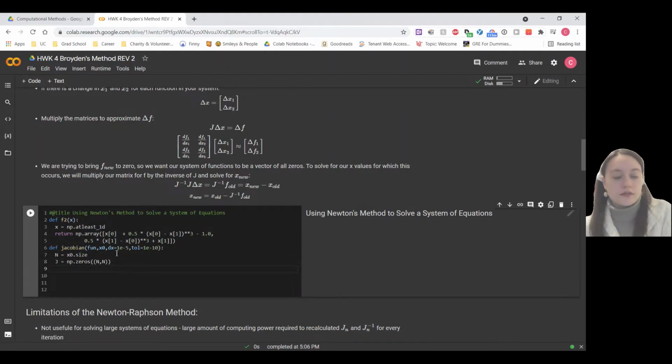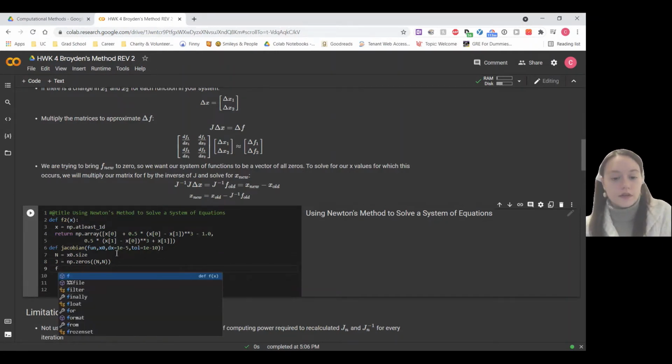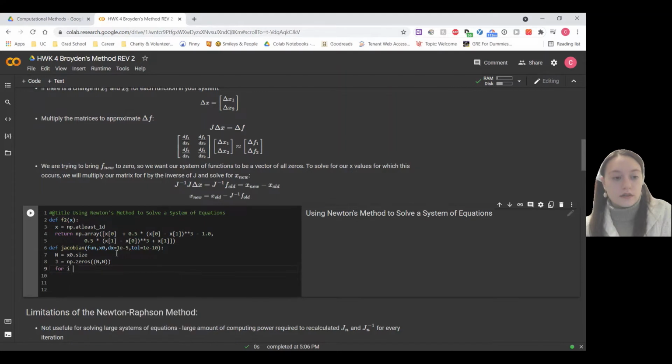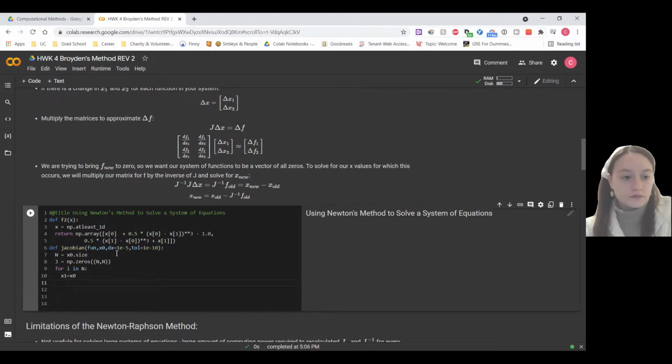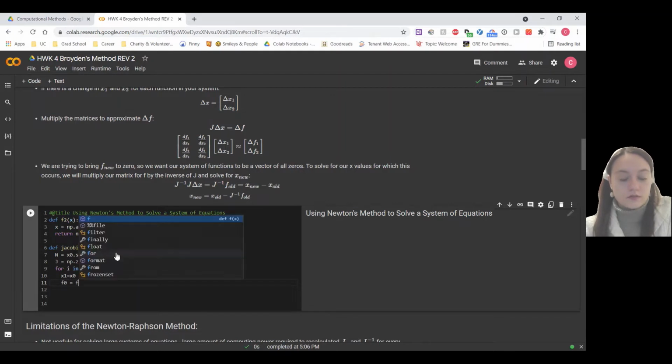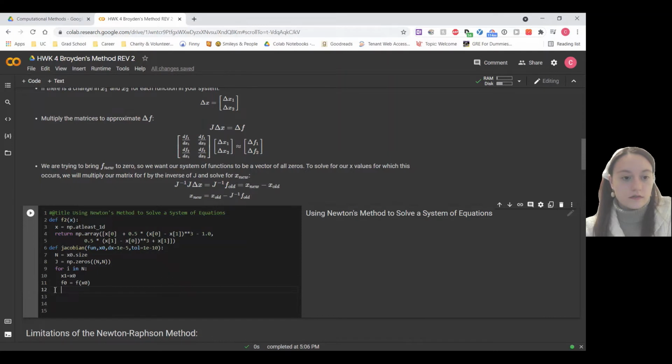So now we'll want to iterate through all of our values of x. So for i in... first our x1 will set equal to x0. Means our initial value for our function will be the function at x0.